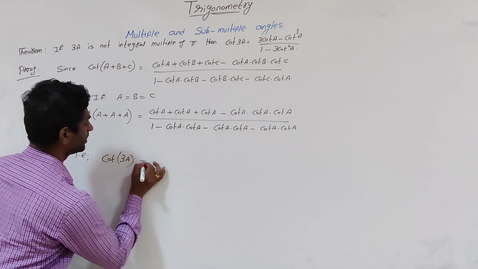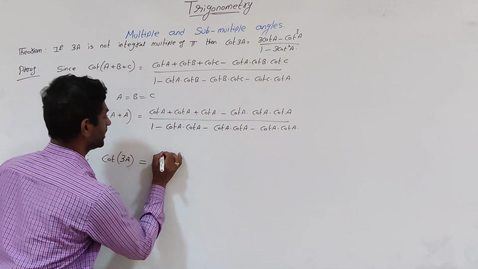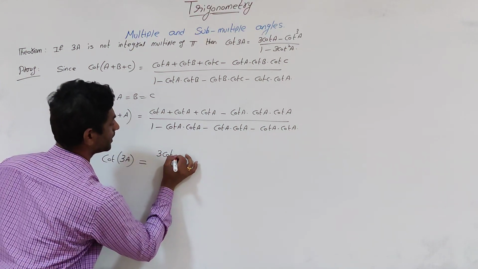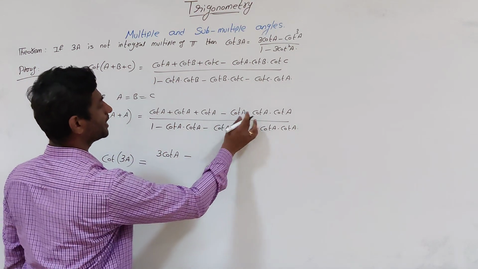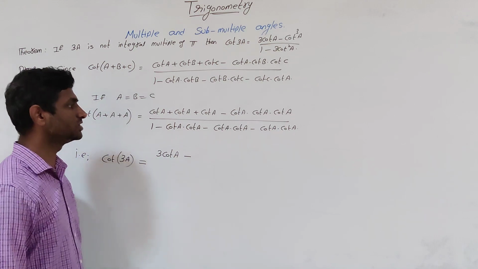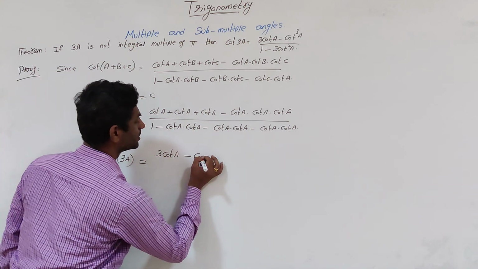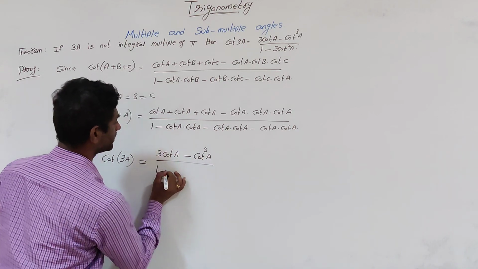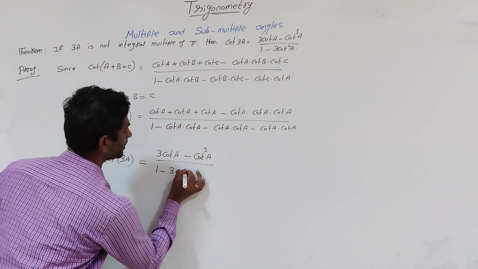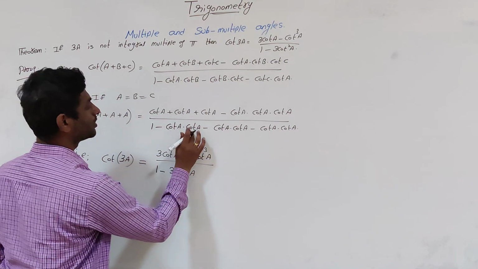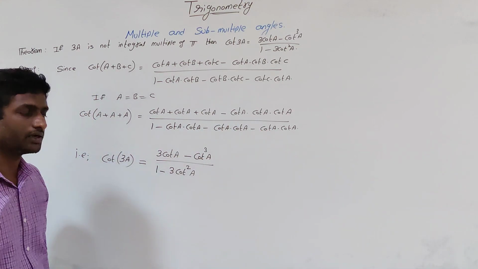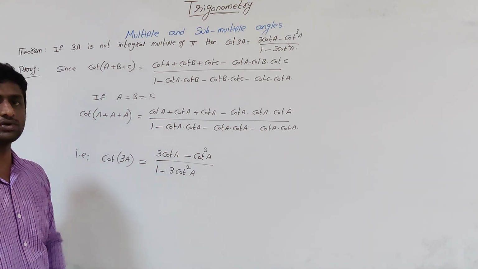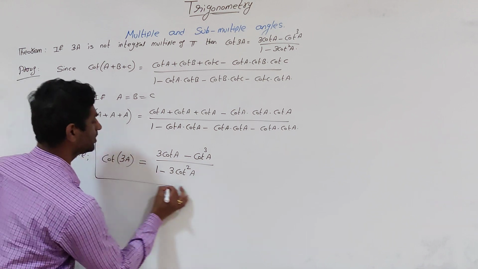That will be cot A plus cot A plus cot A. That gives 3 times cot A minus cot A into cot A into cot A, as it is a product. So it will be cot cube A by 1 minus 3 cot square A. As cot A into cot A, these three are like terms we can add, and that gives minus 3 cot square A. So this is the formula for cot 3A.